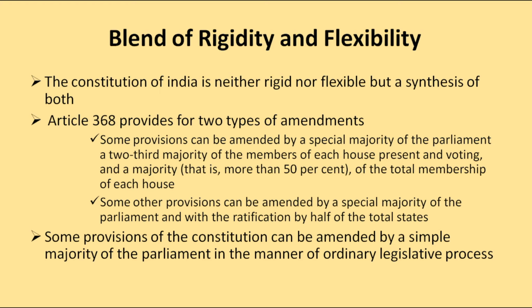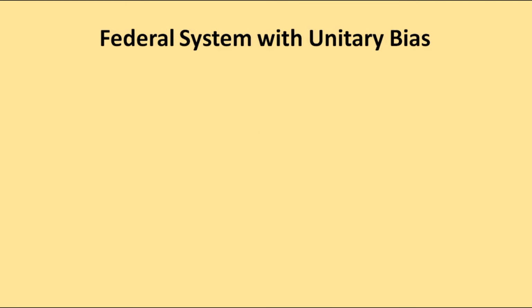Then federal system with unitary bias. So in a federal system, for example, there is double government. So we have double government: one government at the center and one government in the states. But we are ultimately dependent on the center, so our center is very strong. That is the unitary bias, so we follow a federal system with unitary bias.